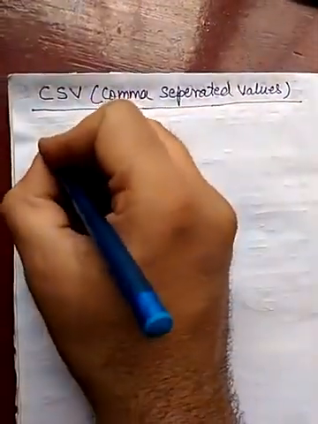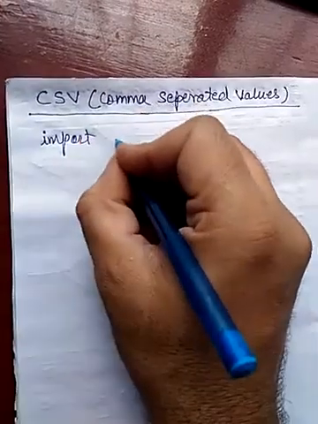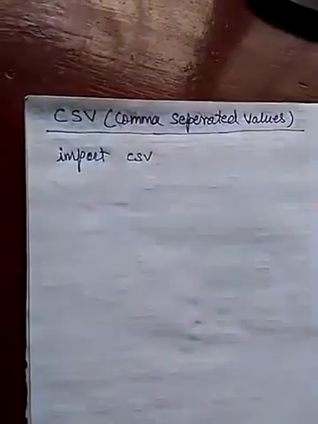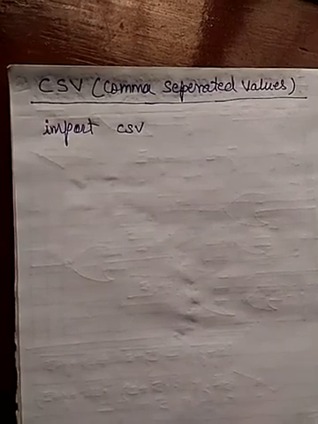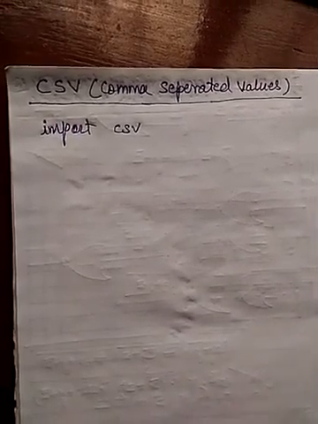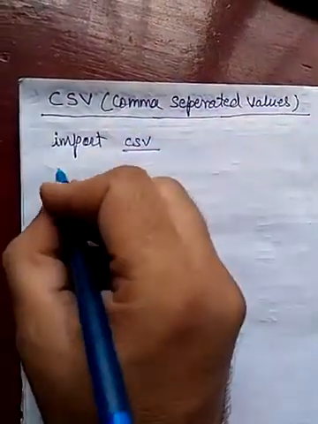Now to perform reading and writing in the CSV, you have to import the module CSV. Means you have to import CSV module to implement reading and writing operation in the CSV file. This CSV module contains two classes.